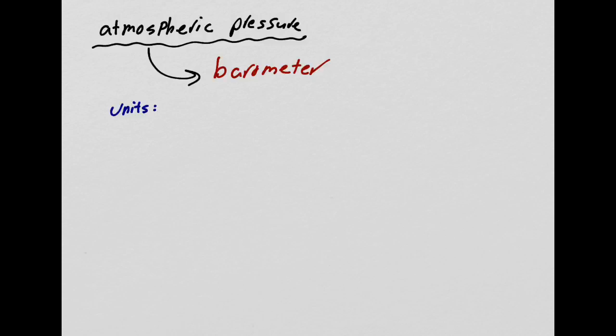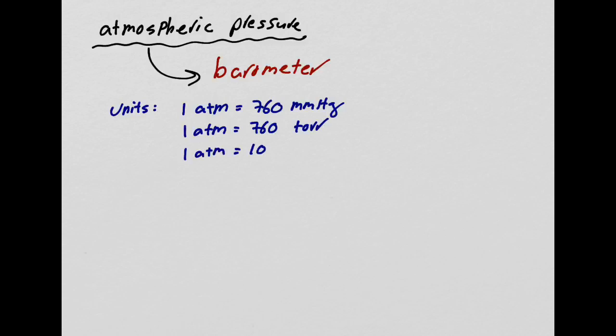The units for pressure: 1 atm is 760 millimeters of mercury. 1 atm also equals 760 torr. And 1 atm equals 101,325 Pascal, which you probably have heard of, which also equals 101.325 kilopascal. Okay. So these are the units for pressure.